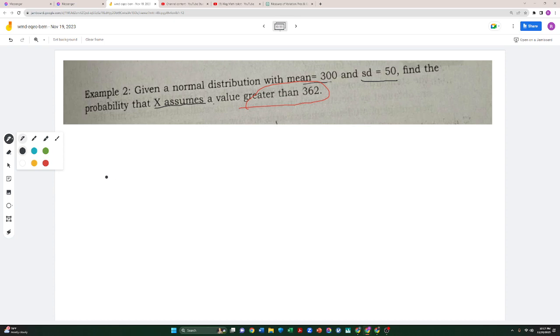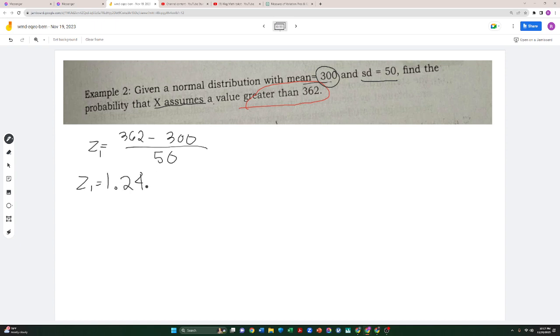Okay, so first step, use the formula, which is z1. X is greater than 362, so 362 minus the mean, which is 300, divided by the standard deviation of 50. So z1 is equal to, use calculator, 362 minus 300 is equal to 62 divided by 50, which is 1.24.